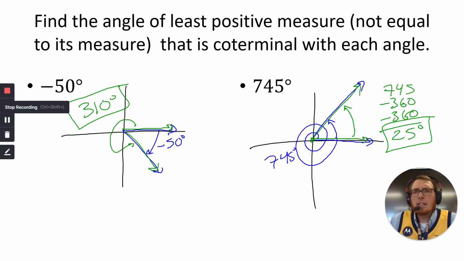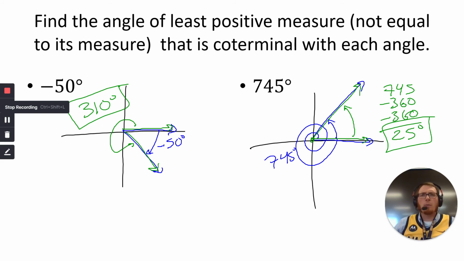Okay, the next thing we want to look at is finding angle measurements that are coterminal. I started with negative 50 degrees as an angle, which I drew in blue. I start at the positive x-axis and go downward, because negative angles go clockwise. Negative 50 is in that quadrant because it's not 90 yet.